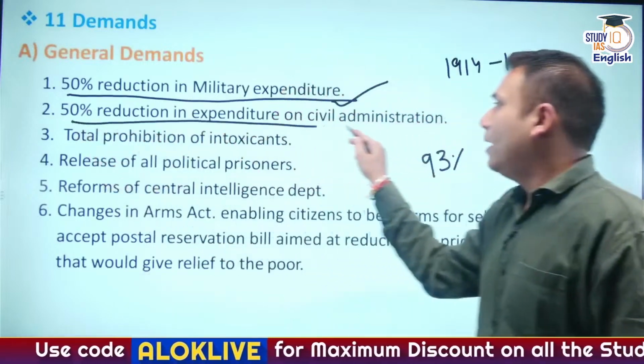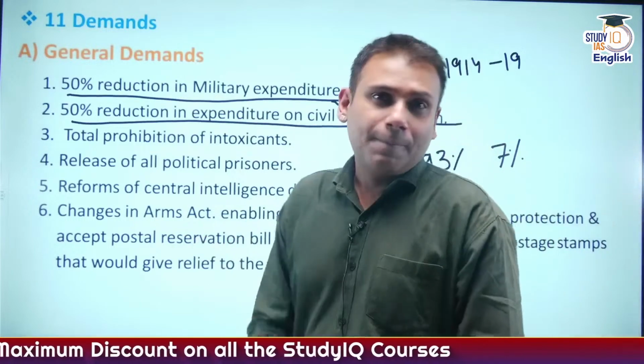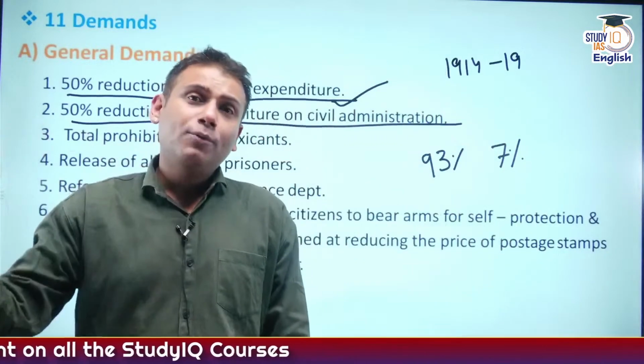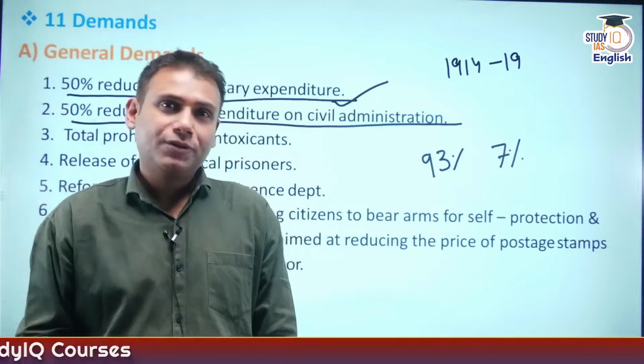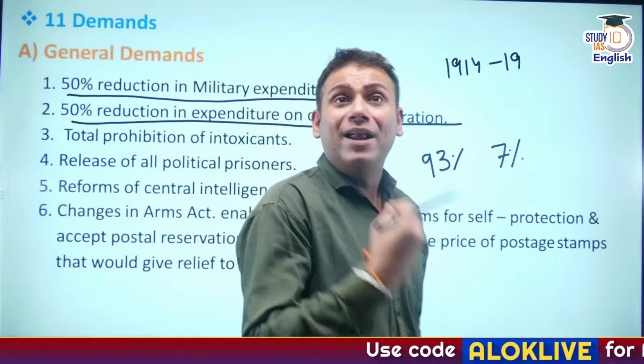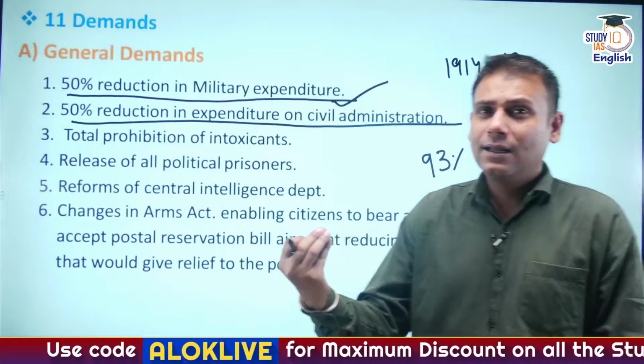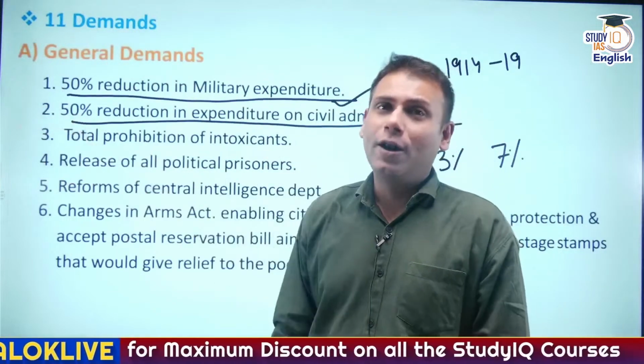50% reduction in expenditure on civil administration. Guys, there were many Europeans who came to India on higher posts. Now, these Europeans need to be paid gratuities, pensions, payments, perks, privileges, emoluments, remittances, and so on.